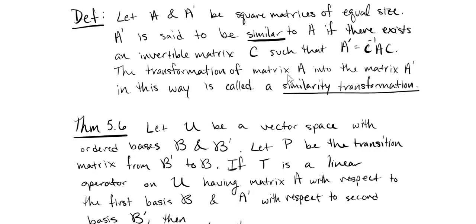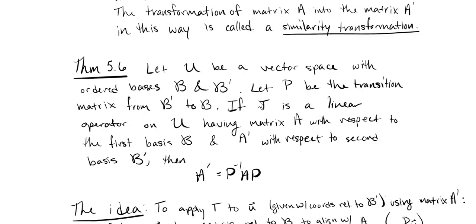The transformation of a matrix A into matrix A prime by means of this extra invertible matrix C is called a similarity transformation. Why do we care? Here's the big result.